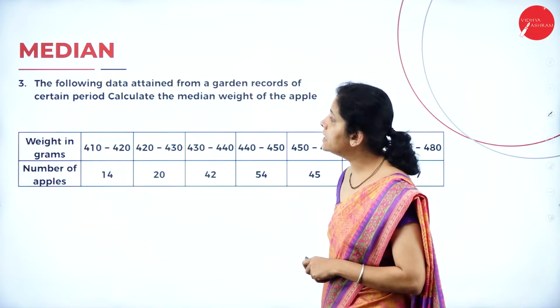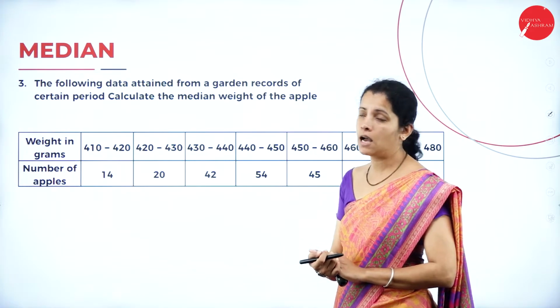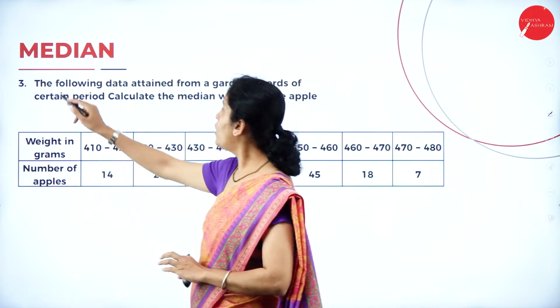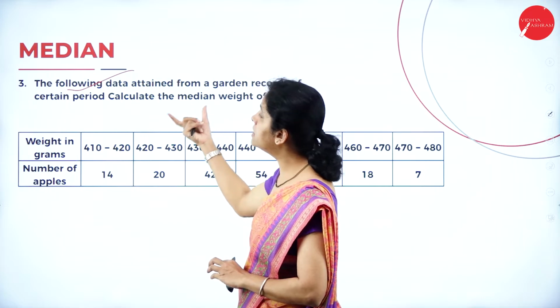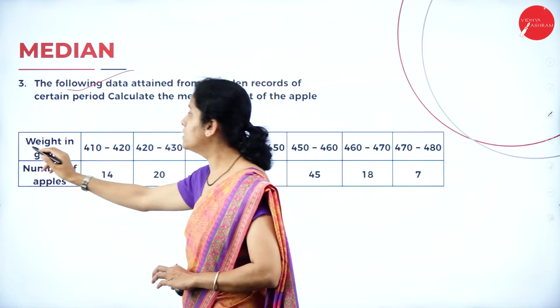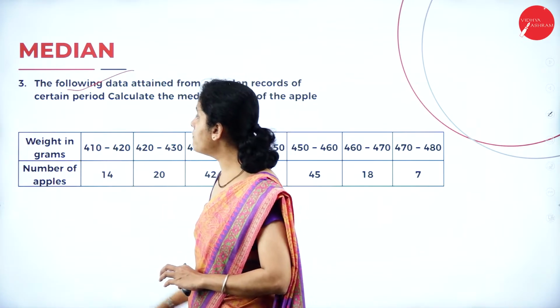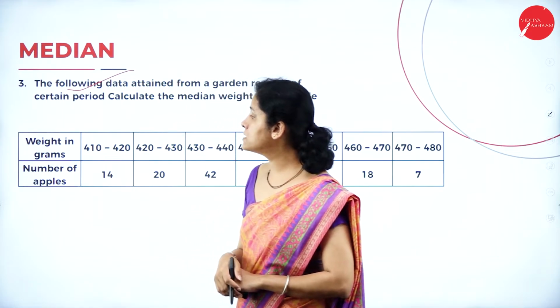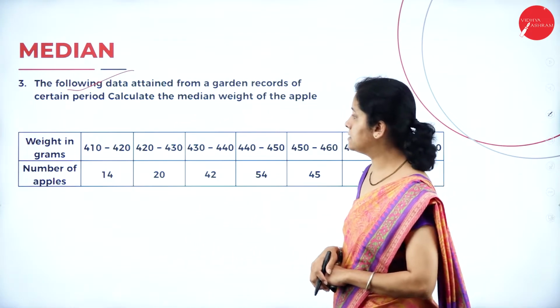Now dear student, let me consider a simple example here. The following data, this is the table I have, and the fields I have are weight in grams and number of apples.